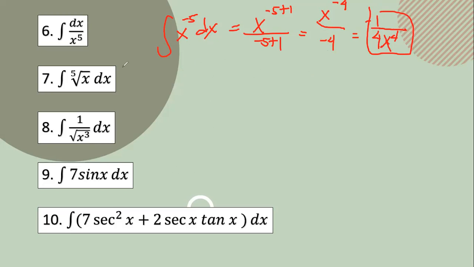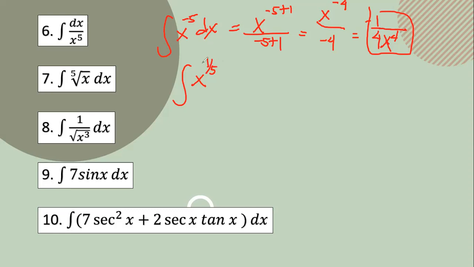So number 7, we have the fifth root of x. Again, we just have to rewrite our function. And kapag nire-write natin yan, pag fifth root or kapag root ang hinahanap, nagiging fraction yung exponent. So that is 1 over 5.